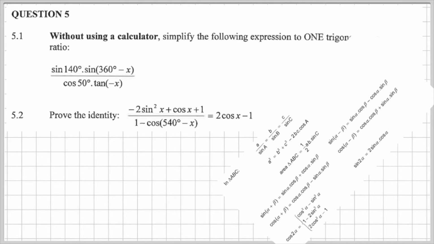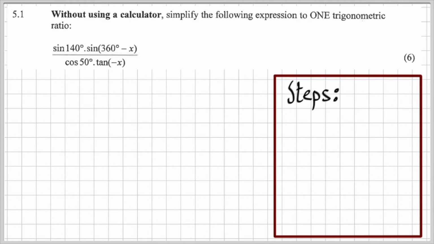They struggle with when things are positive and when things are negative. So I encourage you to look at my other videos as well. If you are struggling with trigonometry, look at my other videos where I go through the theory in so much detail. But for this, I'm going to start by analyzing this question.